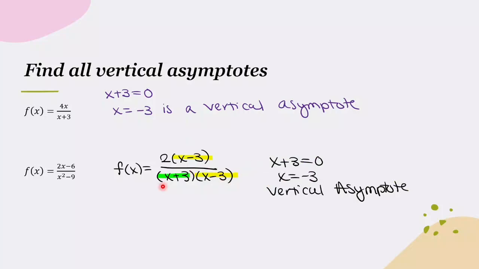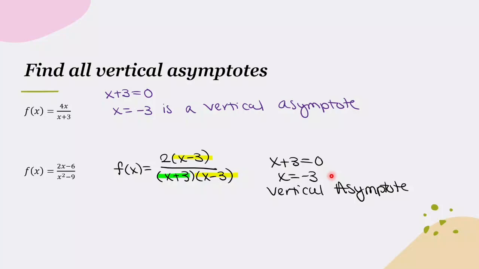To find my asymptote, I only look at factors of the denominator that are not part of common factors. So the only thing I'm going to look at here is the x plus 3. I set it equal to 0. x plus 3 equals 0 when x equals negative 3. So x equals negative 3 is a vertical asymptote.